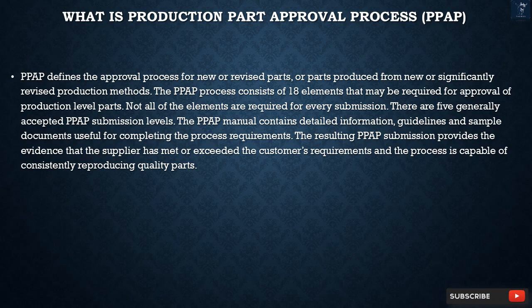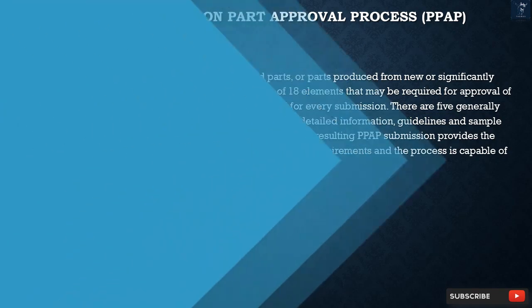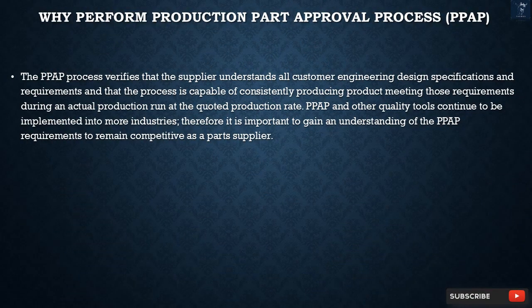The resulting PPAP submission provides the evidence that the supplier has met or exceeded the customer's requirements and the process is capable of consistently reproducing quality parts. Why perform production part approval process, PPAP?